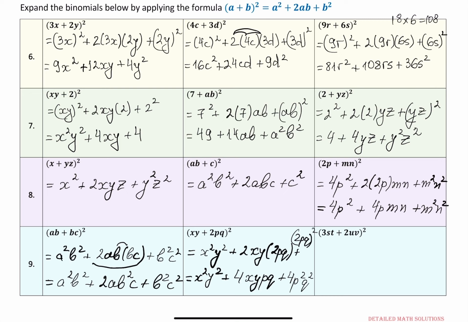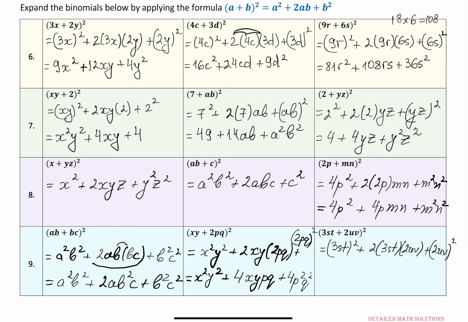And our last exercise is to expand the binomial (3st plus 2uv) squared. This equals (3st) squared plus 2 times 3st multiplied by 2uv plus (2uv) squared.